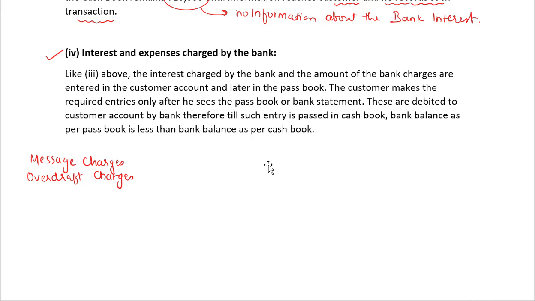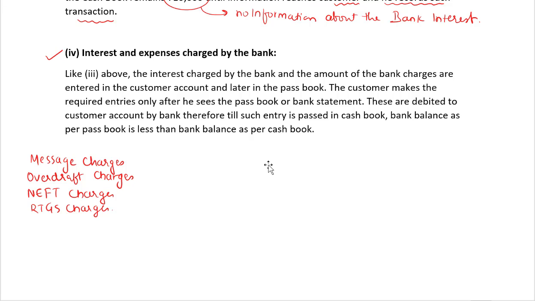Many a times it happens that the bank charges you for NEFT or RTGS charges, National Electronic Fund Transfer charges, real time gross settlement charges.